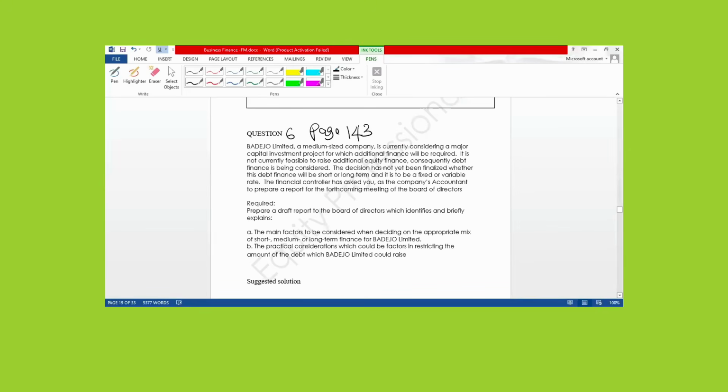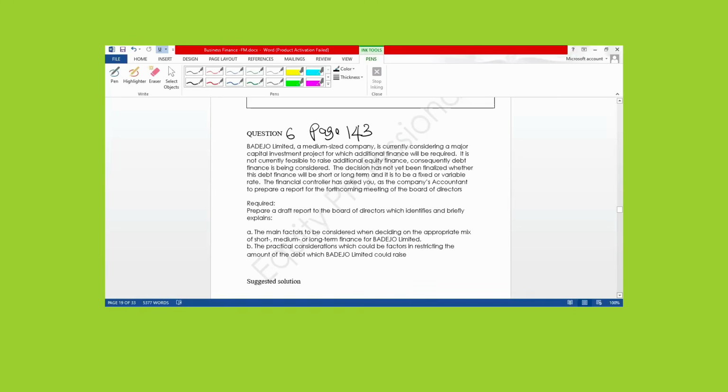Prepare a draft report to the board of directors, which identifies and briefly explains the main factors to be considered when deciding on the appropriate mix of short, medium, and long-term finance.